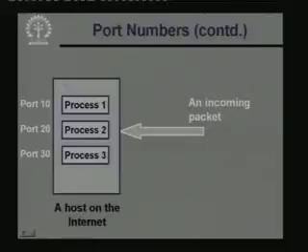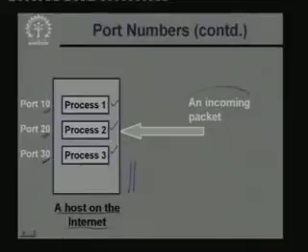Suppose this box indicates a host on the internet. This is a computer, and inside this host there are three processes, process 1, process 2 and process 3, which are executing or running. Suppose we assign port numbers 10, 20 and 30 respectively to these processes.